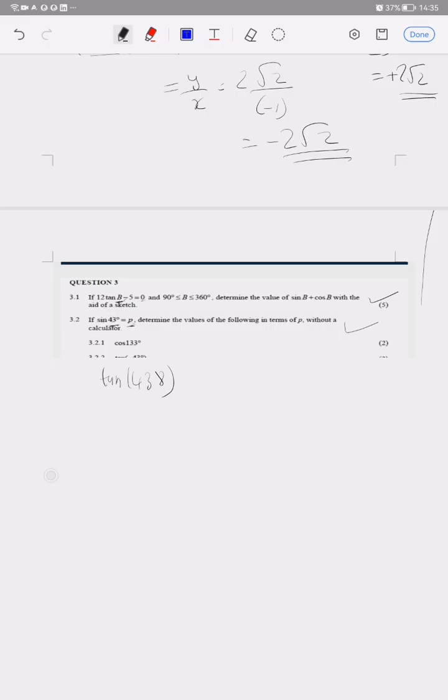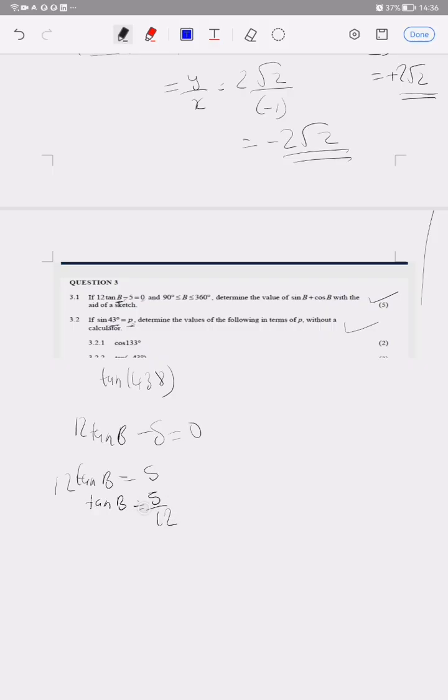Right, so let's start with the first one. They say we are given 12 tan beta minus 5 is equal to 0. First of all, simplify this. So tan beta is equal to 5 over 12.